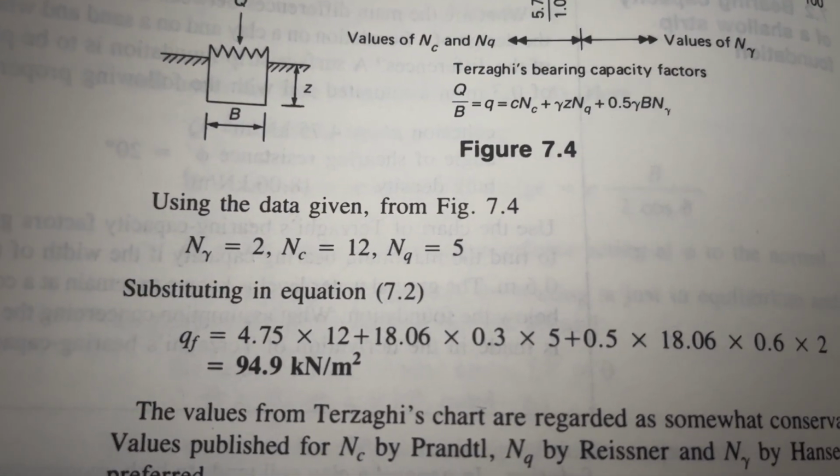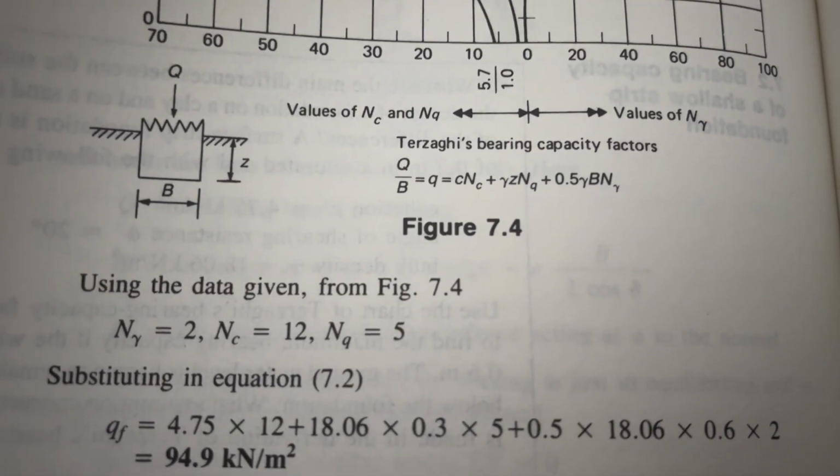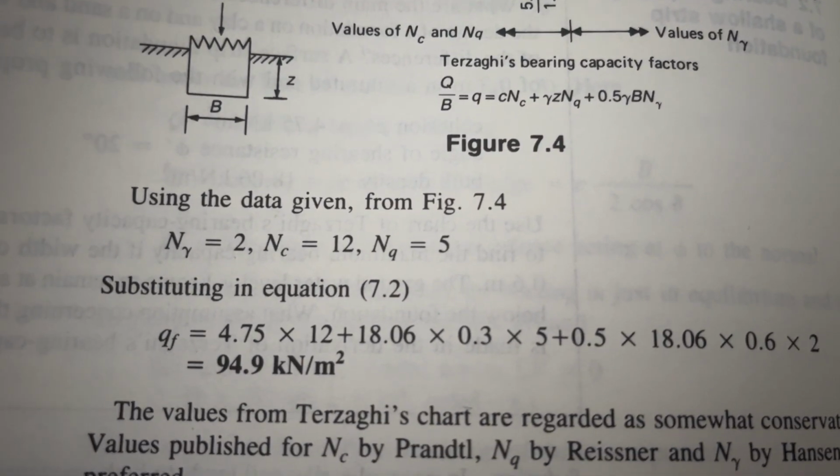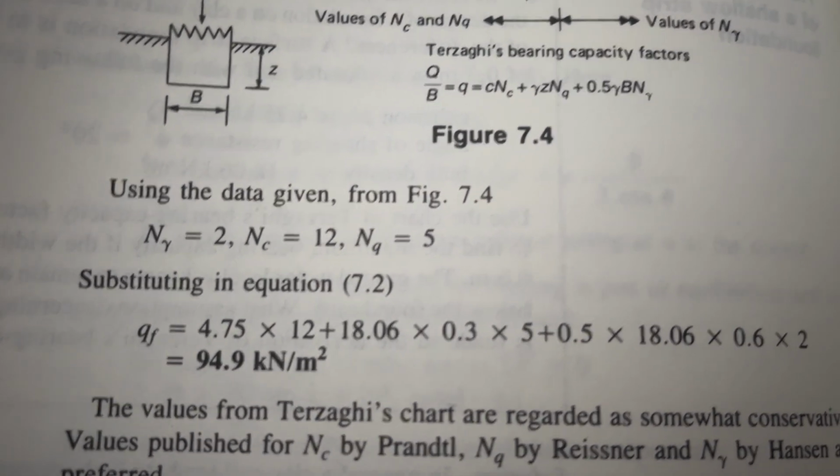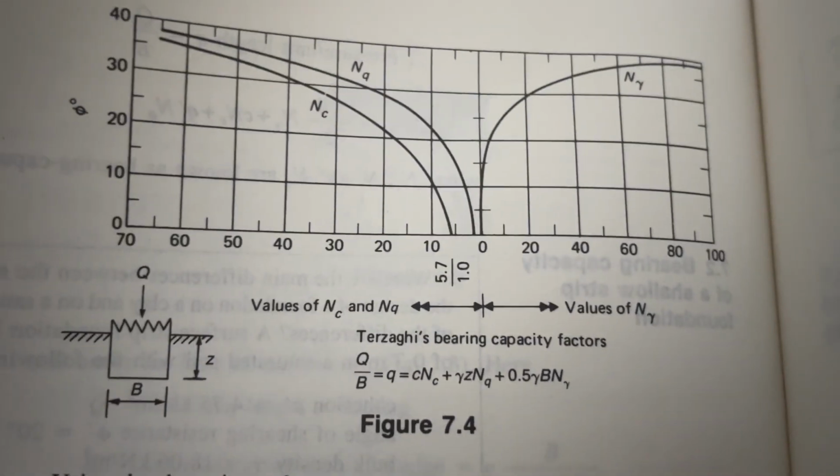Using the data from figure 7.4, N gamma equals 2, N c equals 12, and N q equals 5.